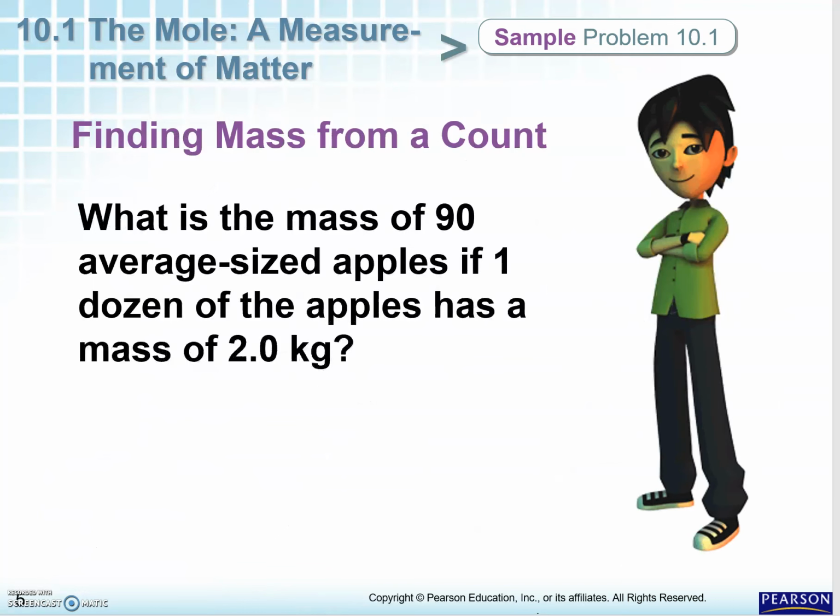So for example, you're trying to find the mass of 90 average size apples, if you have 1 dozen apples that has a mass of 2.0 kilograms. Originally this is going to sound really scary, but there are some steps that we can take to make sure that we get the right answer.